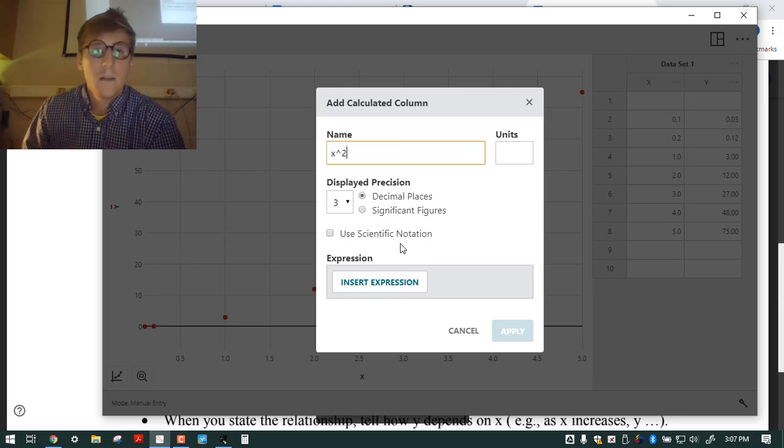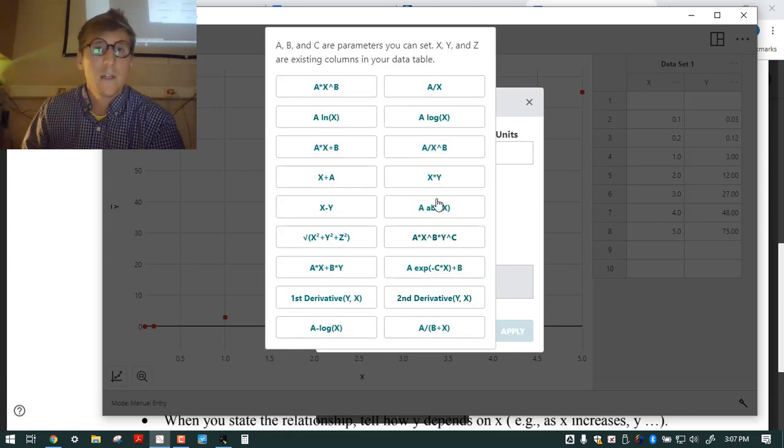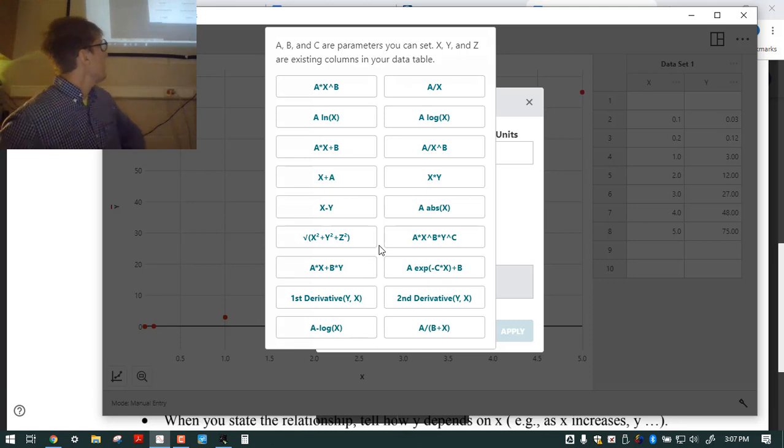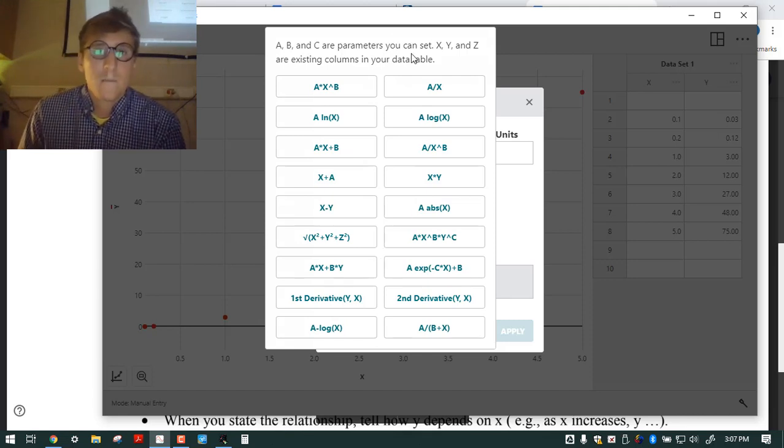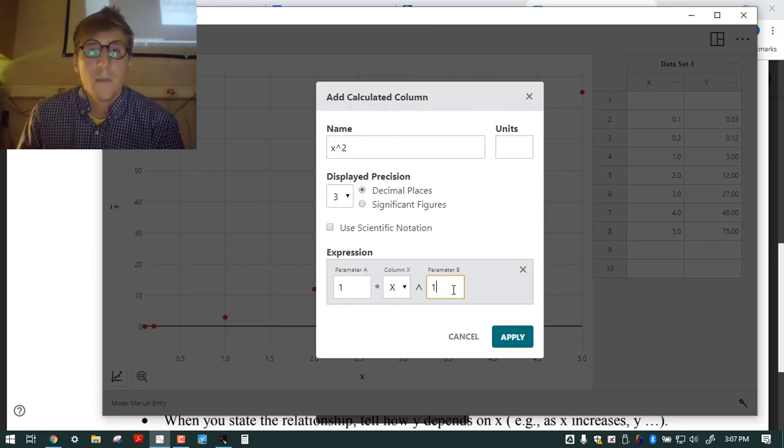We won't add any units because we don't have any information on what this data actually is. Then you can insert any expression, but all the ones we care about are up top here. This is 1 over x, and this is x to the something, and we're going to make it to the 2, because we want to square it.